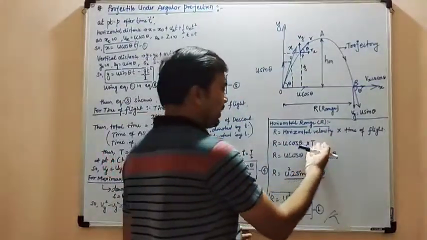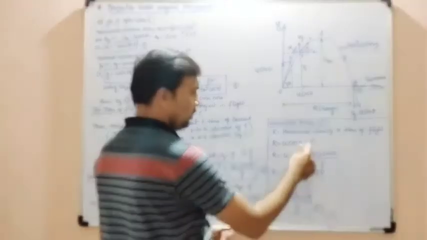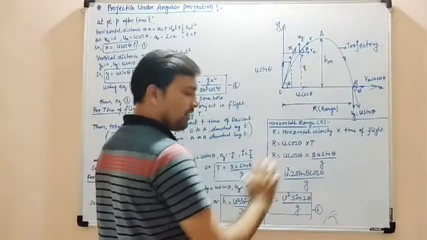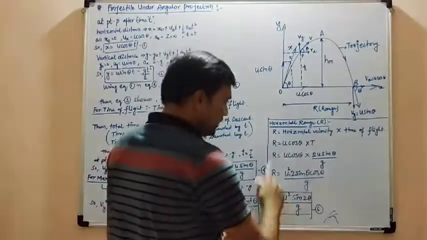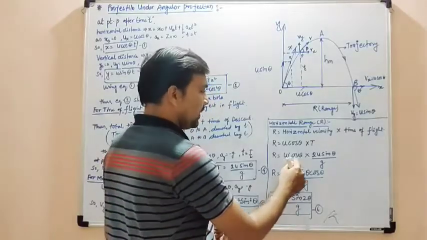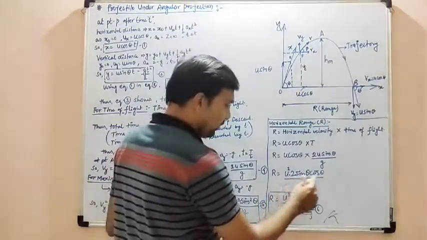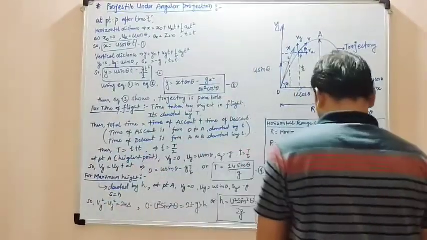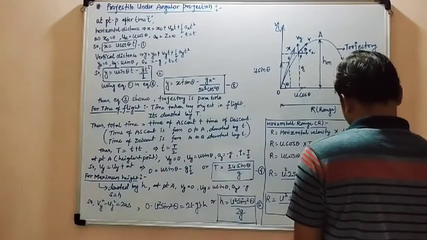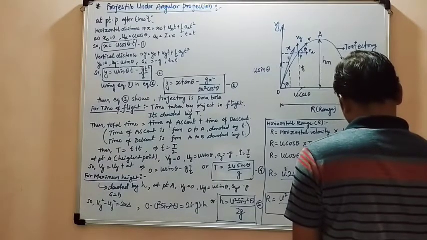From where will we get capital T? Again from equation number 4. So we have substituted equation number 4 here. It becomes 2u sin theta upon g, and u cos theta remains as it is. Now rearranging this, there is a 2u, so it becomes u square cos theta sin theta with a prefix of 2. This is a trigonometric ratio. I can write it here: 2 sin theta cos theta equals sin 2 theta.